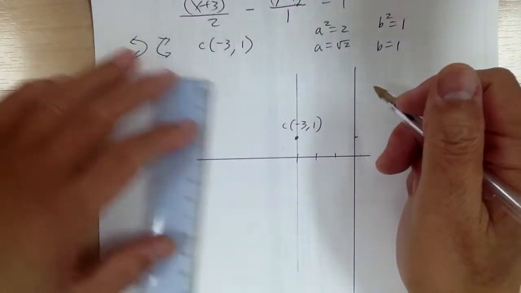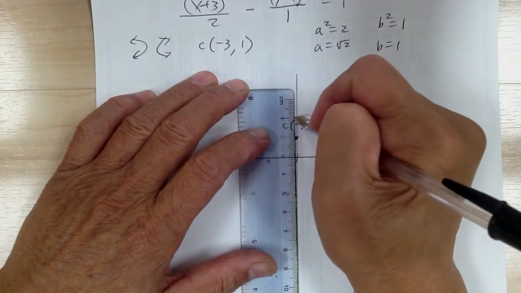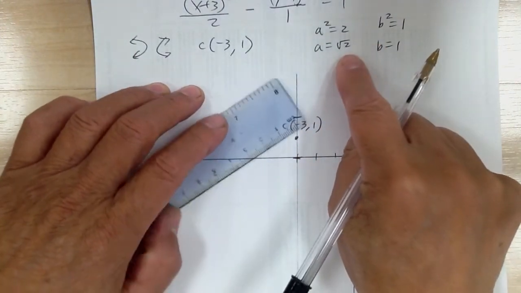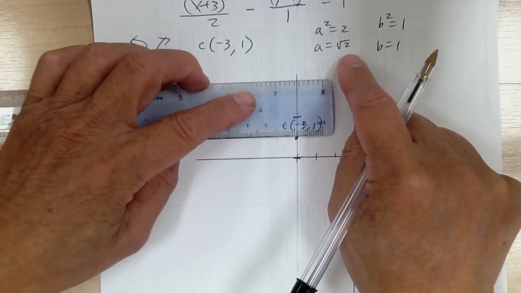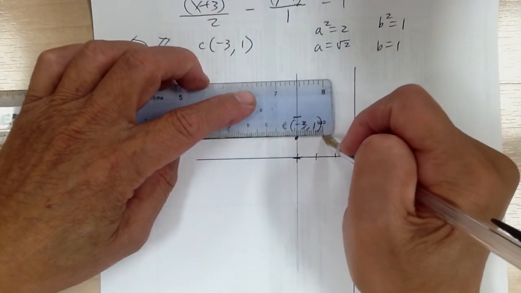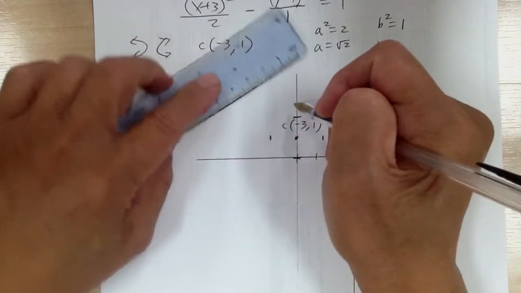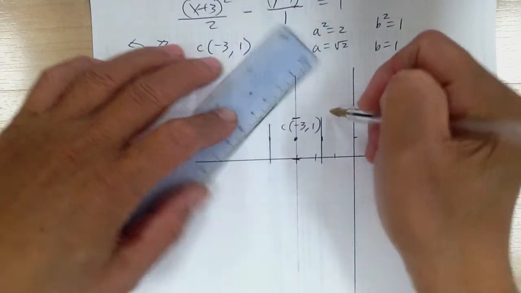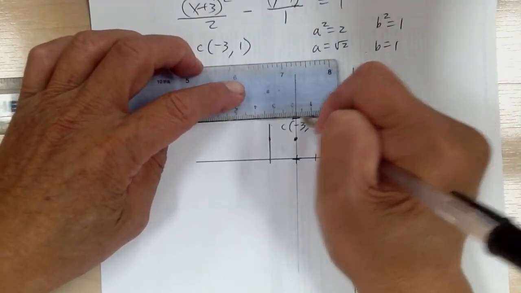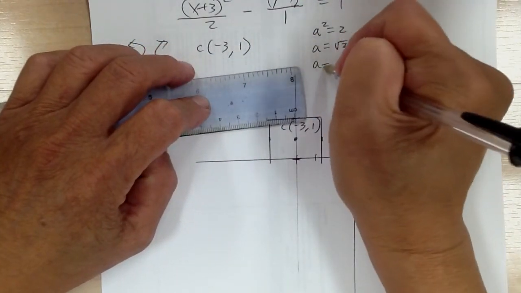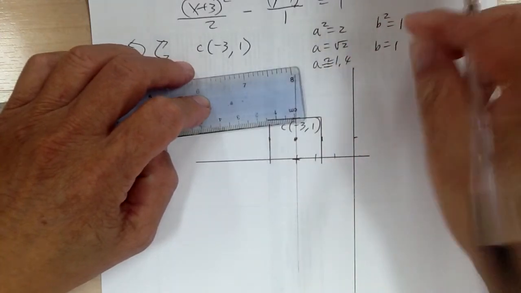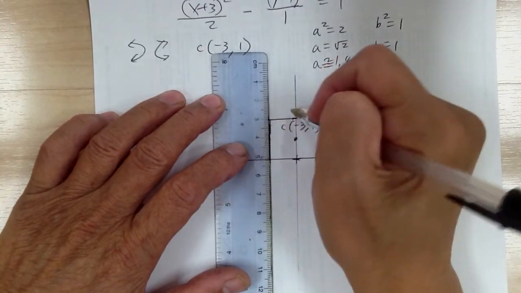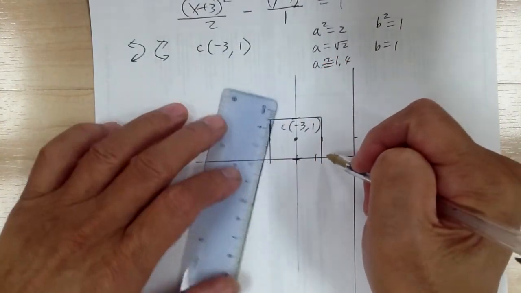So you have to go 1 in the right direction, and you have to go 1.4, this is about 1.4. So again, a is about 1.4. You need a square root for labeling. You need to have a decimal to locate the points.